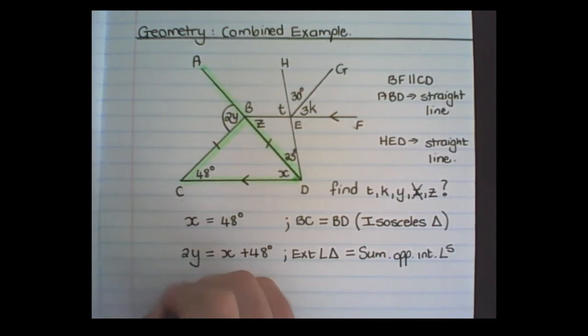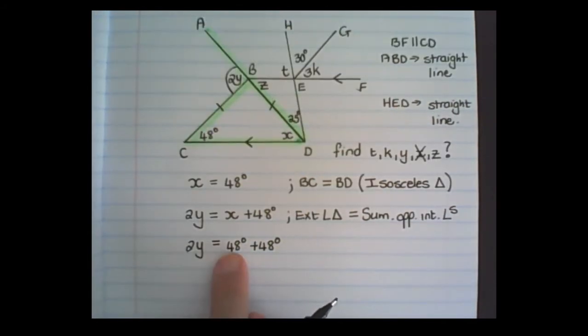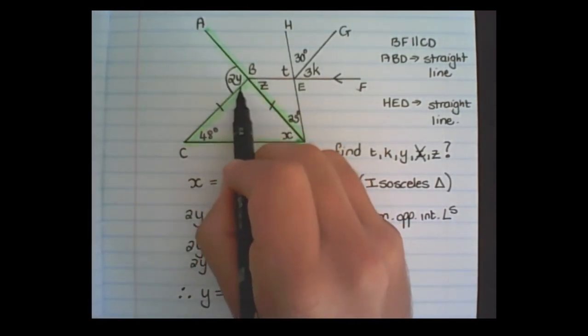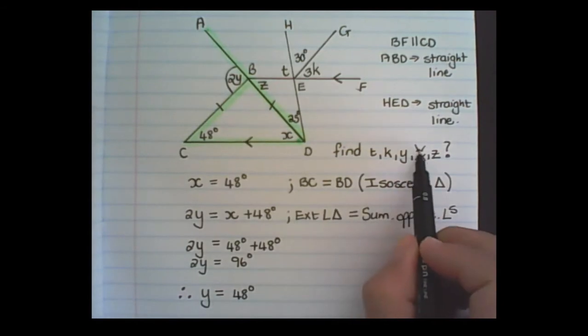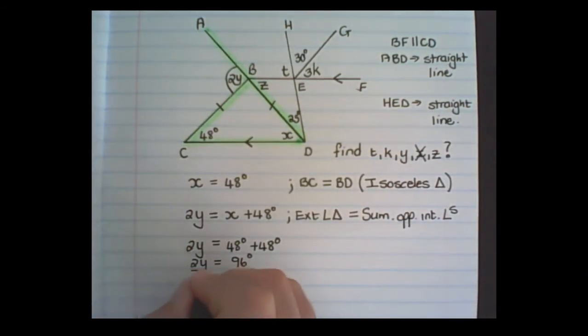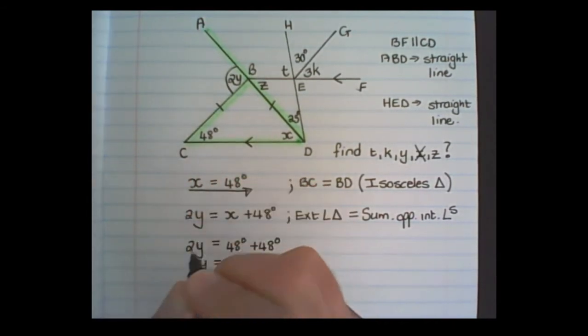So we can replace x with 48 degrees. And 48 plus 48 is equal to 96 degrees. But that is 2y. Therefore, y is equal to 48 degrees as well, because the sketch was given 2y. But to find y alone, which was the question, I simply need to divide both sides by 2. Now I have a value for y, and I have a value for x.